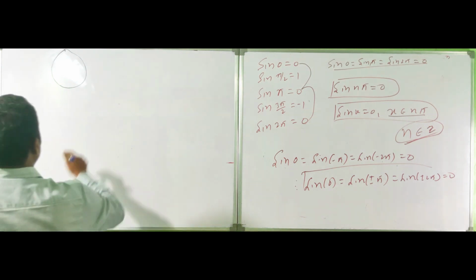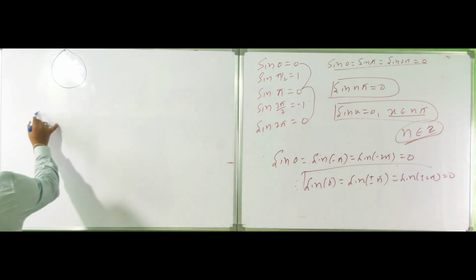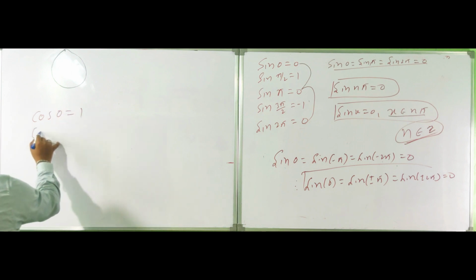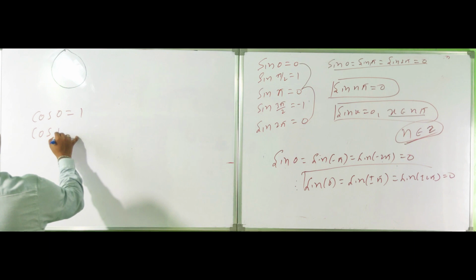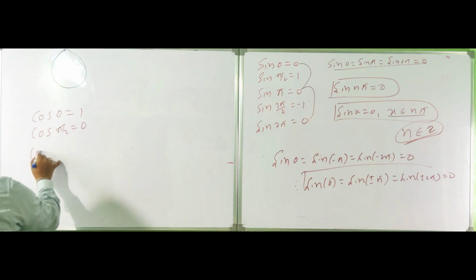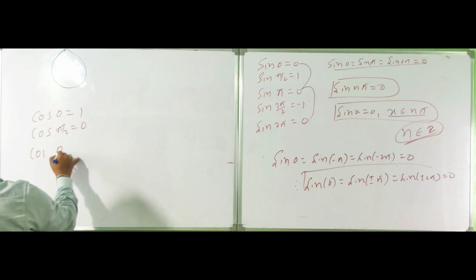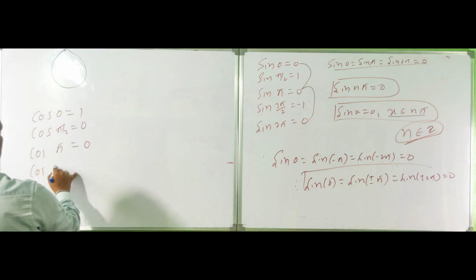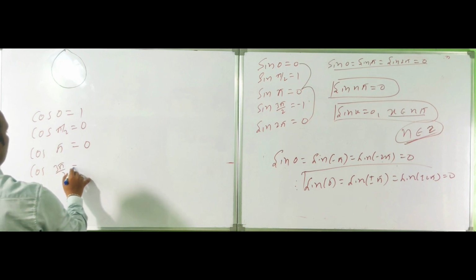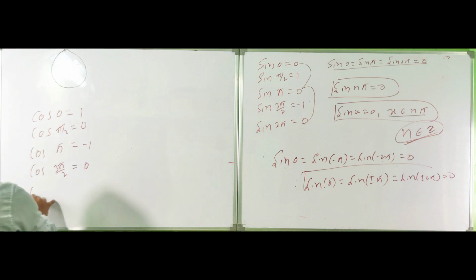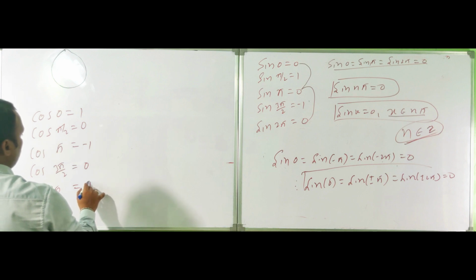take the cos theta. Cos 0 is equal to 1, cos pi by 2 is equal to 0, cos pi is equal to minus 1, cos 3 pi by 2 is equal to 0, cos 2 pi is equal to 1.